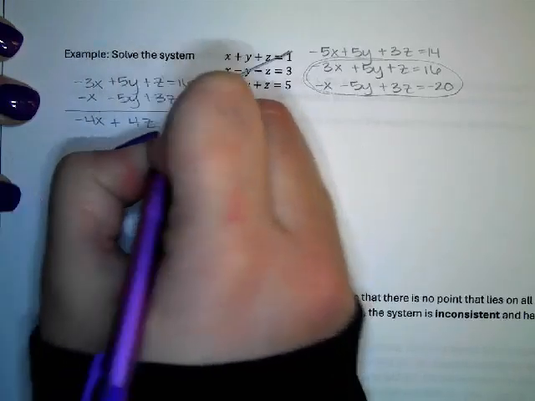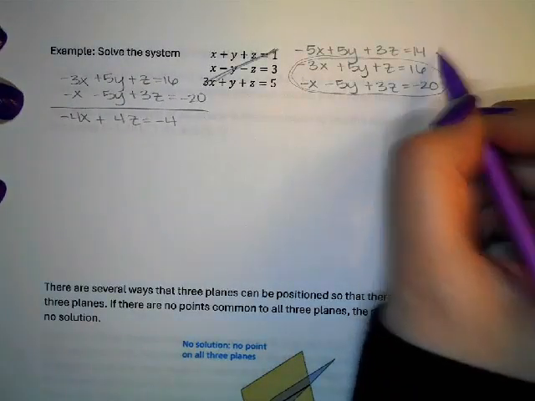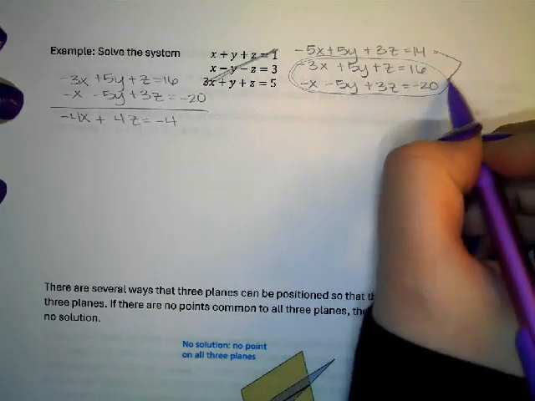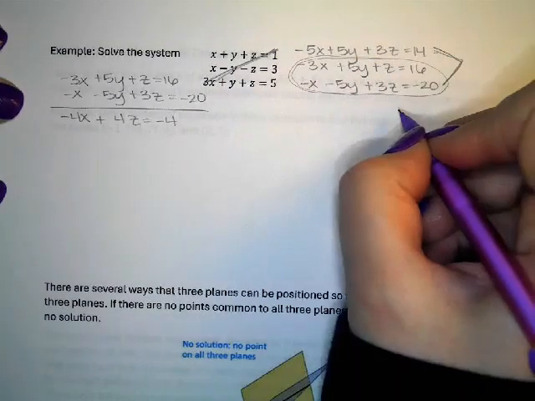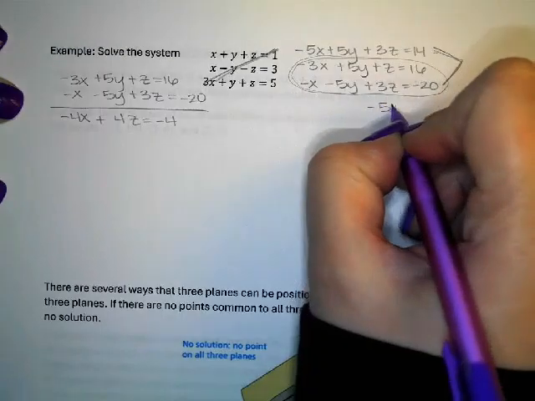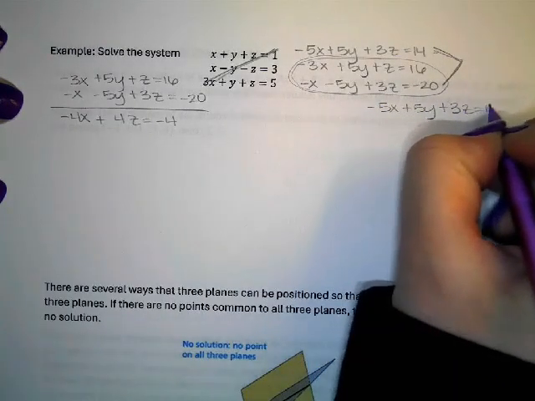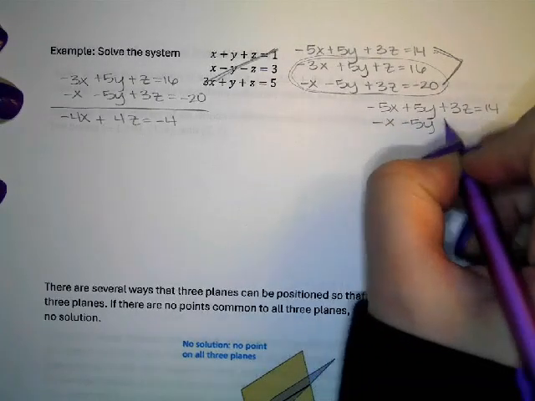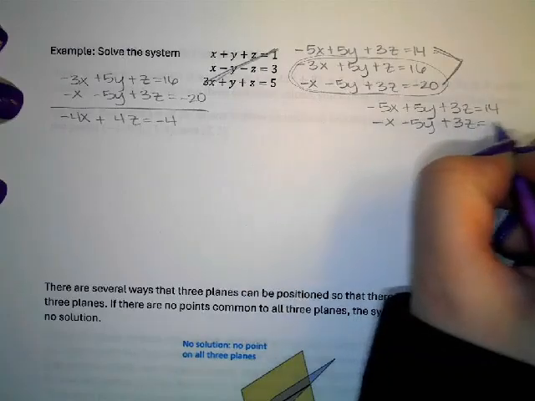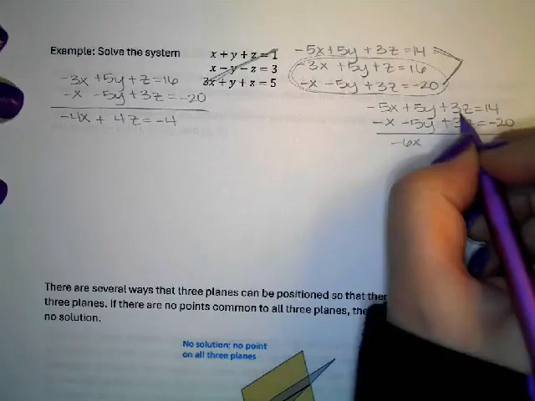Now I'm going to use the first equation and the third equation so that I can get rid of the y's again. So I've got negative 5x plus 5y plus 3z equals 14, and then negative x minus 5y plus 3z equals negative 20. So negative 6x plus 6z equals negative 6.